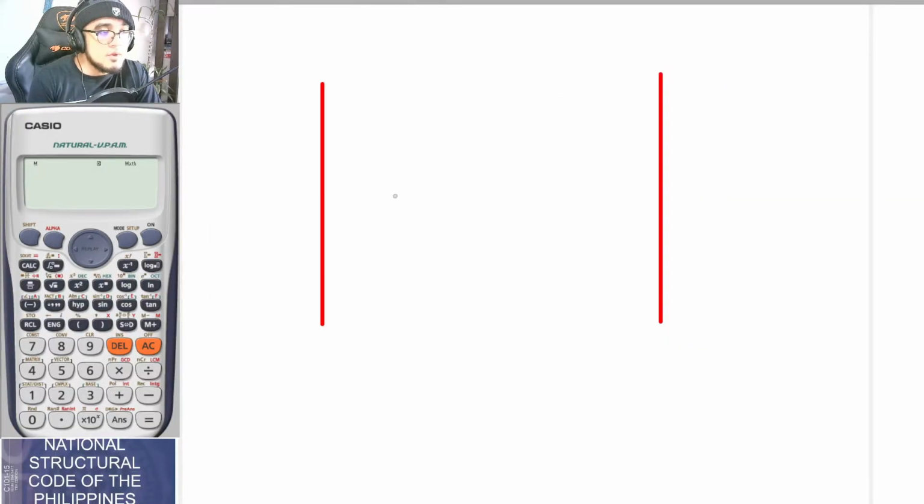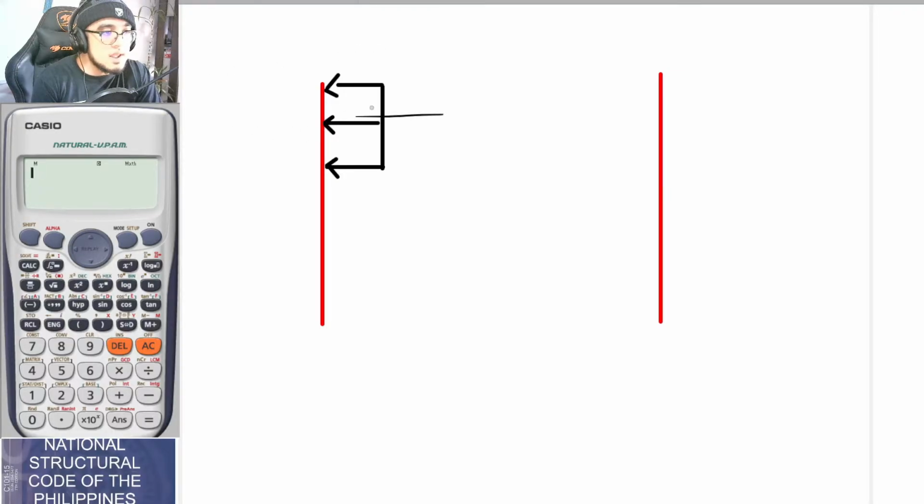So if I am to draw its stress diagram, so from before, if this is to be your stress diagram for singly reinforced beams, so for a moment, let's say that this is to be the diagram for your singly reinforced beam. So of course, you have here your 0.85 FC prime AB.